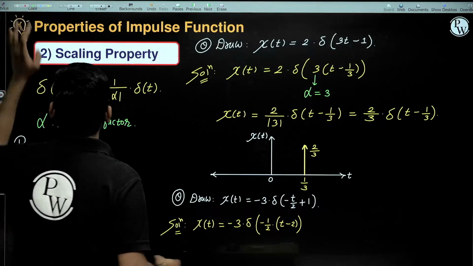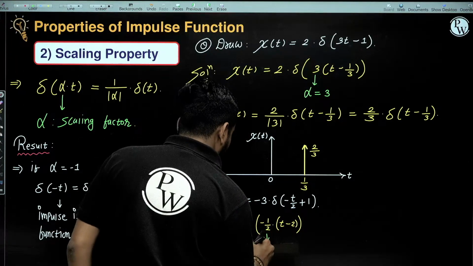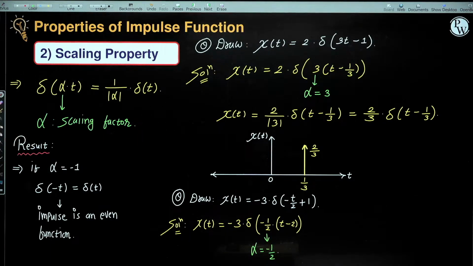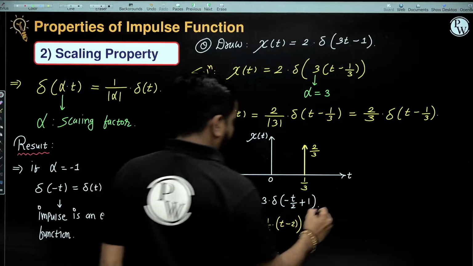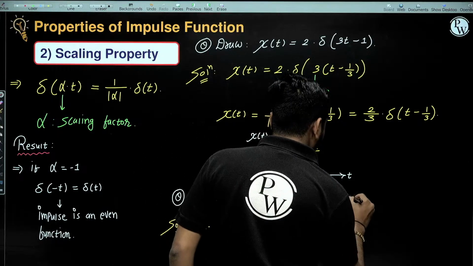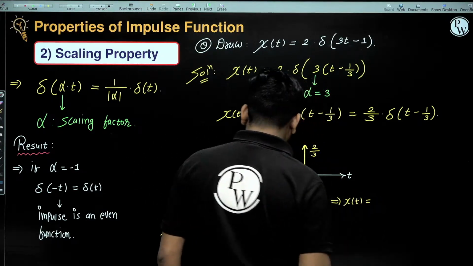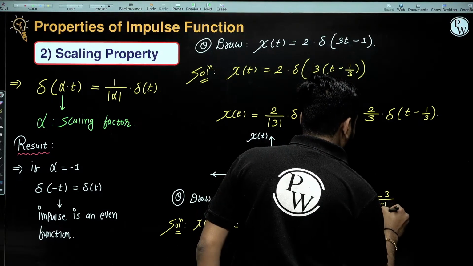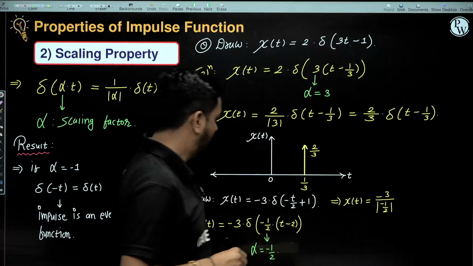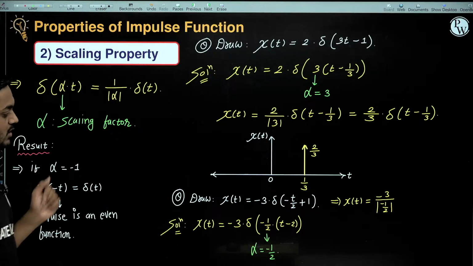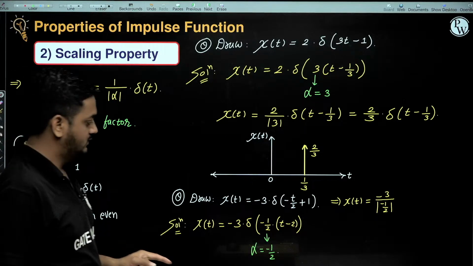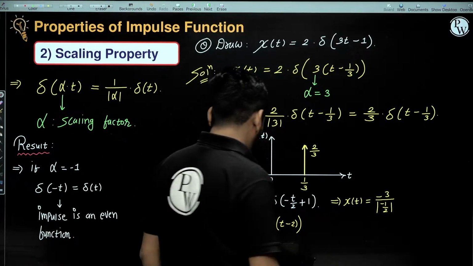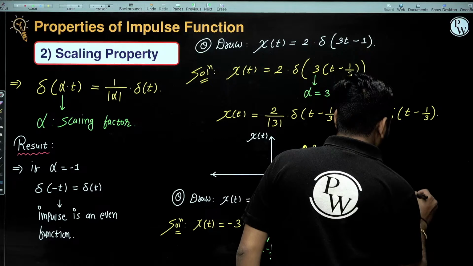Now here your scaling factor α is equal to minus 1/2. So x(t) is equal to minus 3 divided by mod of minus 1/2, that is 1 upon mod α, into δ(t minus 2).